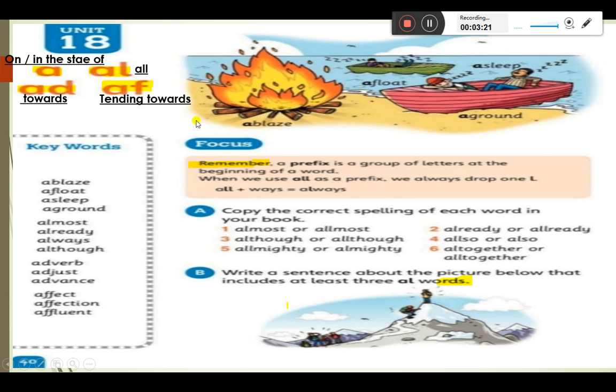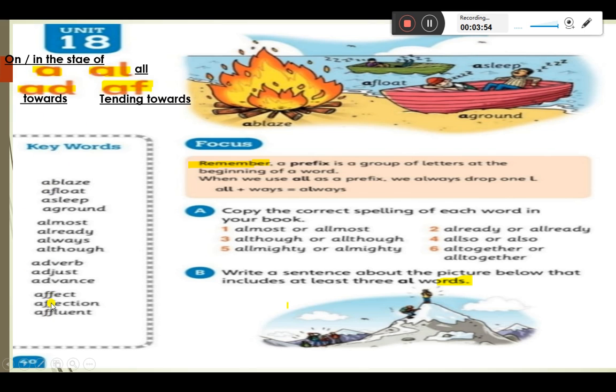Okay, so as we do every time, we begin with the keywords. We study the keywords, and of course your homework is to put each of these words in a meaningful sentence that shows its meaning. Okay, fine. So let's start by reading and discussing the words here. And as you can see, we have 4 groups of words for each one of these prefixes.